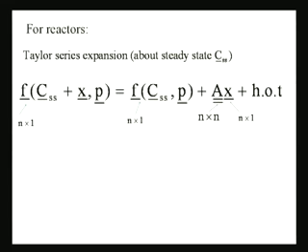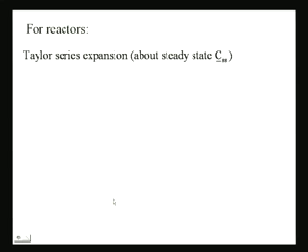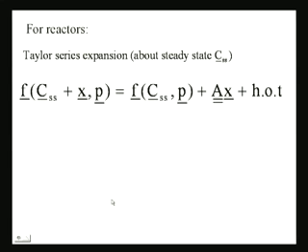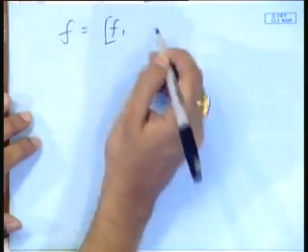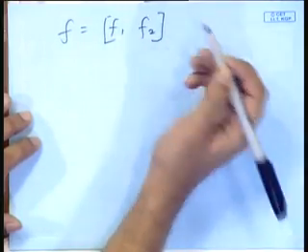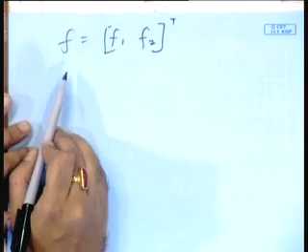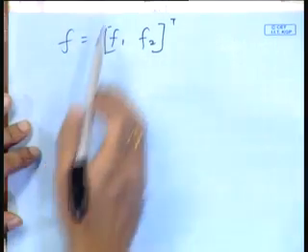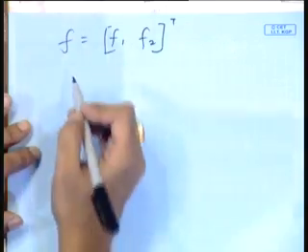Jacobian of the function. Why is that? Because if you go back here, look at this term. For a scalar, it is del G del C. So, can you tell me, if F consists of, let me write it here, F equals F1 F2. Do you know how to write it this way? If you are writing a vector and you do not want to waste space in the vertical direction, this is how you write it: F1 F2 transpose.